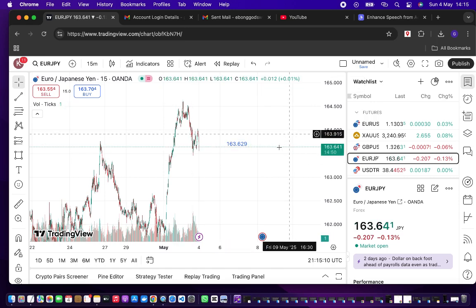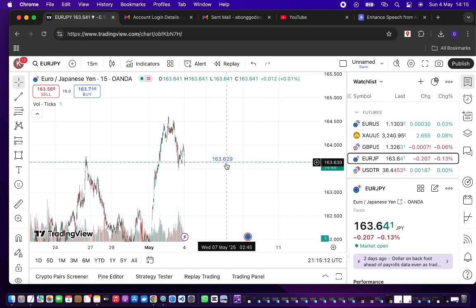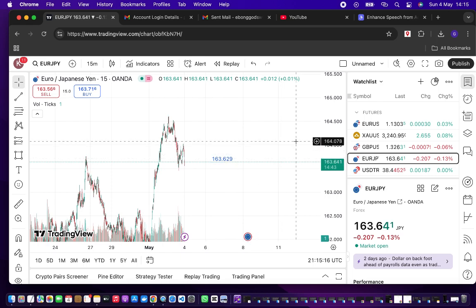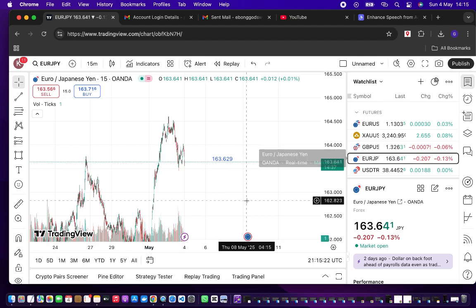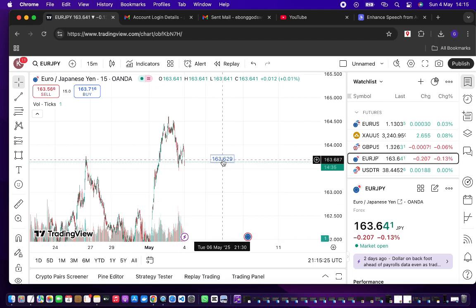So how do we calculate the change in market value of minor pairs? Remember I said these market prices are not stagnant, and as you can see, they are experiencing changes as I'm recording this video. So to calculate the change in market value of minor pairs, we pay attention to the second number after the decimal point.